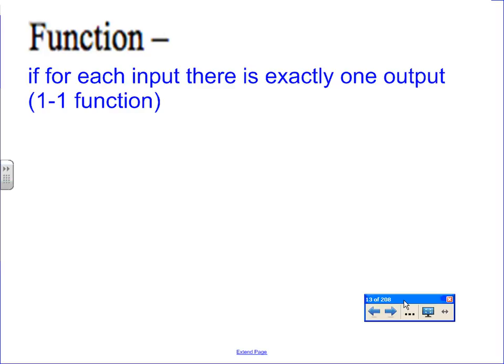For each input value, which means for each x value, there is exactly one output value. So for every x value, there is exactly one y value. This is a one-to-one function, is another way to say this. For every x value, there's exactly one y value.